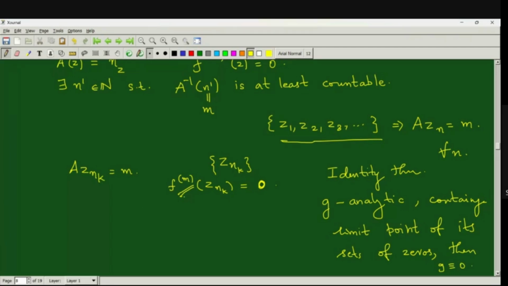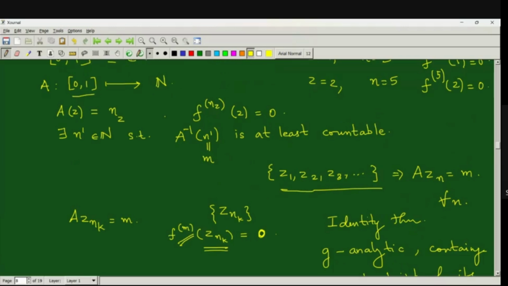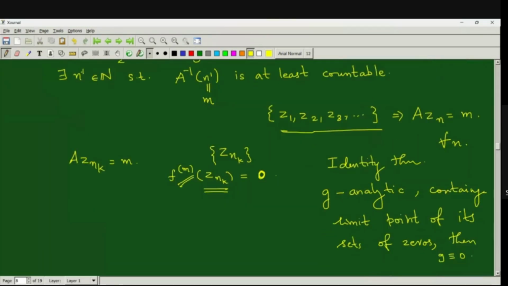So what is actually g here? It is f to the power m. The m-th derivative of f is also an analytic function, and that analytic function is going to have a limit point of zeros because we are always taking sequences from a compact set. Its limit is also in that set. Means what?